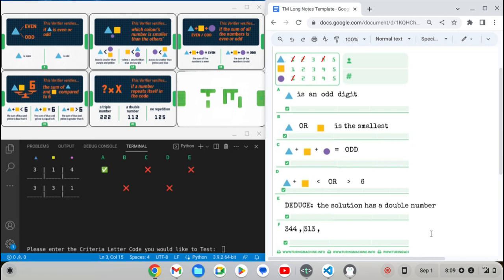So the only even pairs solution would be 344, which makes it unique, which is very interesting.